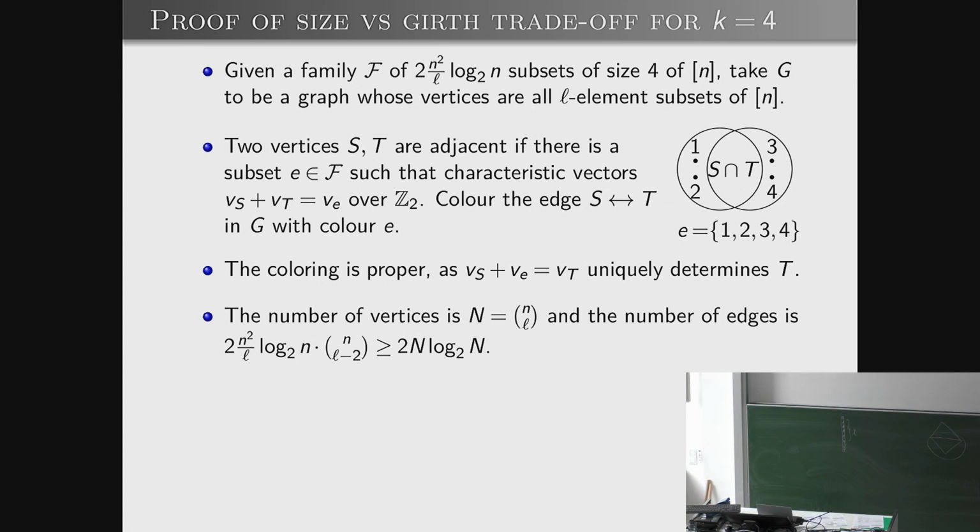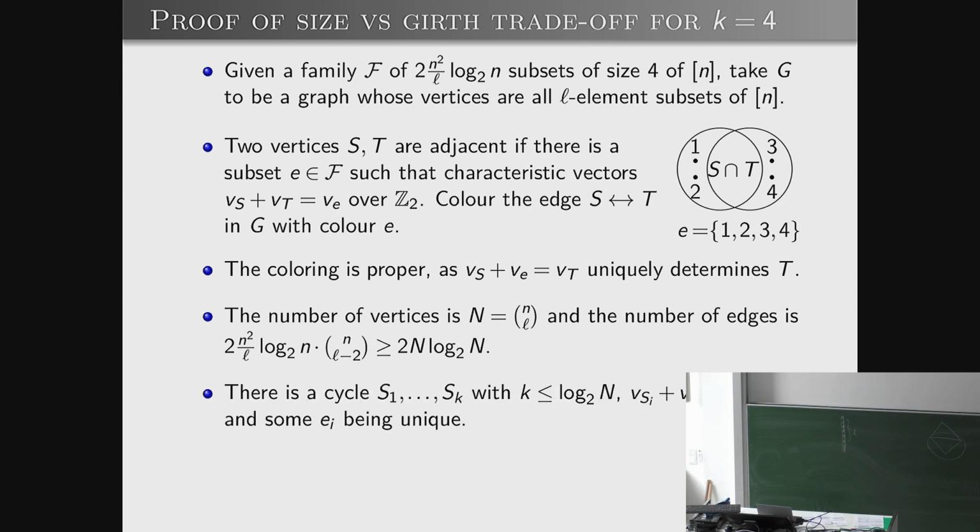Okay? So let's take such a cycle with unique color. So there are k sets of size L, S1 up to Sk, which form a cycle, which means if you add 2 consecutive vectors, VSI, VSI plus 1, you get a photopole, one of your photopoles. And moreover, some photopole appears only once.